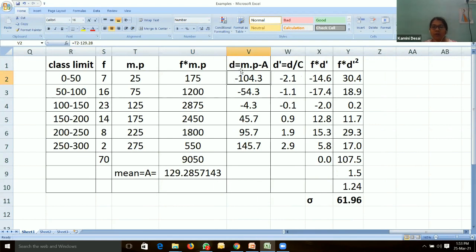So d is equal to midpoint minus average. I will share this problem and you can try in your notebook also. Otherwise, you have this problem in the Excel sheet. So try to solve and share that problem with me.